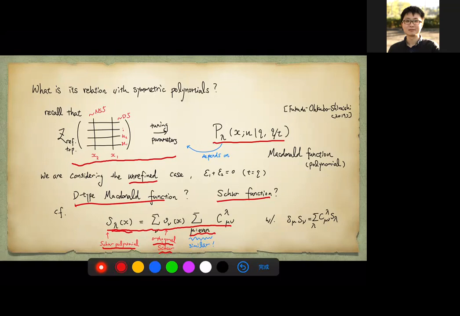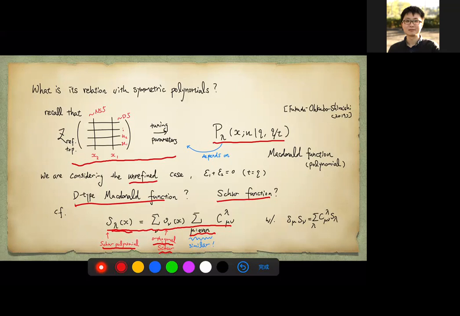So it might have something related to our polynomial P, and recall that our polynomial P of mu also is only non-trivial when mu has an even size, even number of boxes.